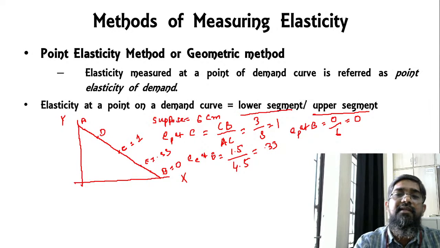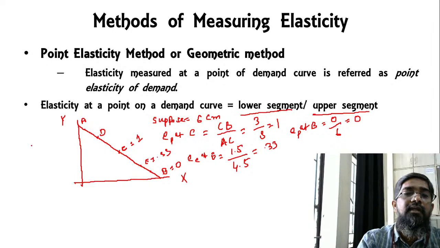Now at point D, elasticity at D will be equal to: your lower segment is 4.5. Look, from here to here is 3, this is 1.5, the middle point, so it is 4.5.